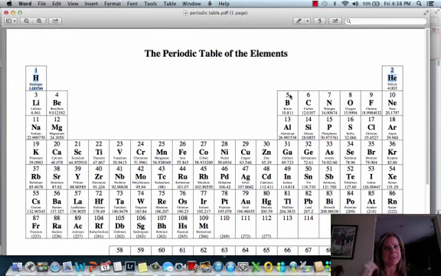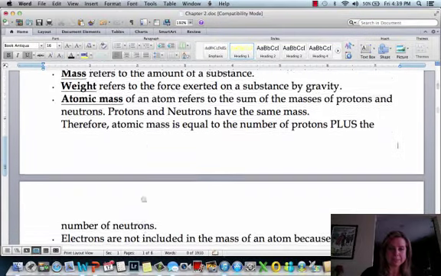So a lot of people make this common mistake where they think this number up here is going to be protons, neutrons, and electrons. That is not the case. It's protons and electrons. Sometimes it might be the number of neutrons, but that's not where you're getting it from. You're getting the neutron number by subtracting these 2 numbers, the top and the bottom one. Okay, so that's going to be atomic mass.